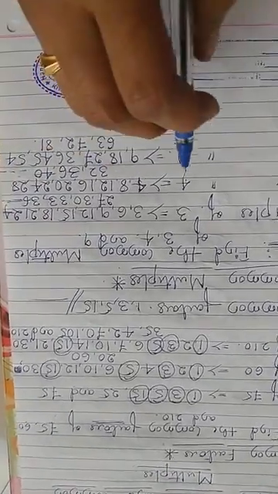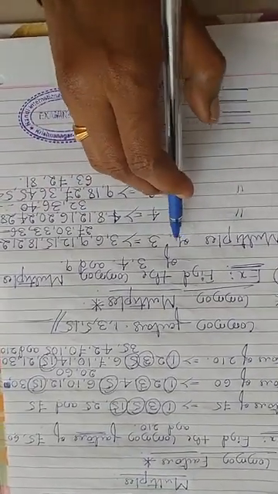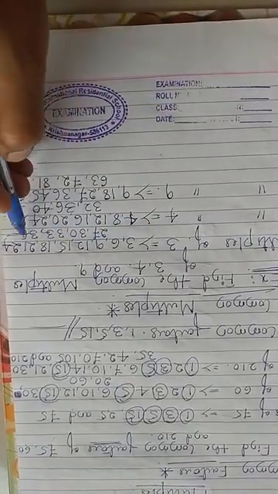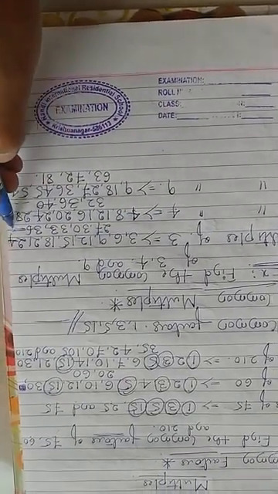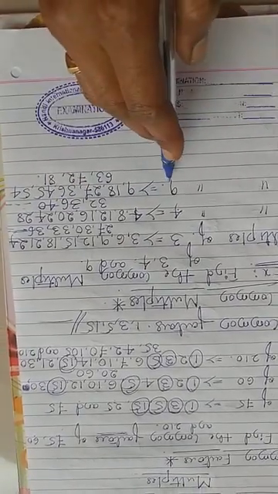See here, multiples of 3: 3, 6, 9 up to 12 multiples you have to write, and of 4 and 9.